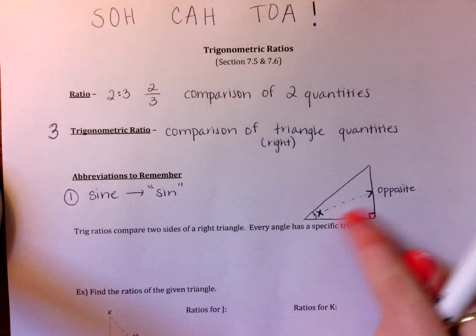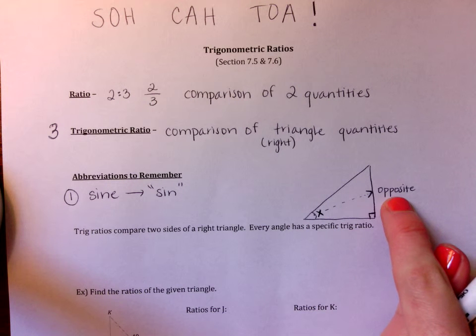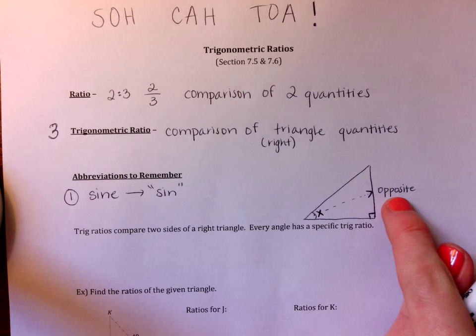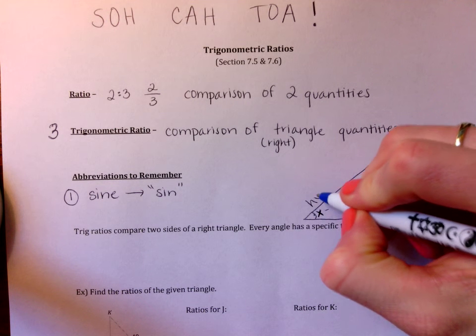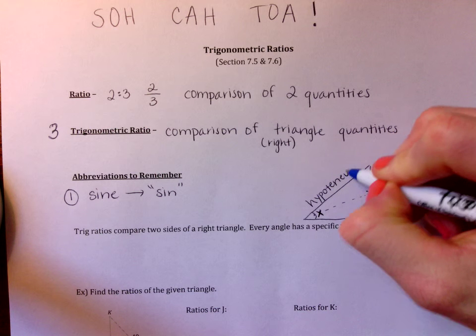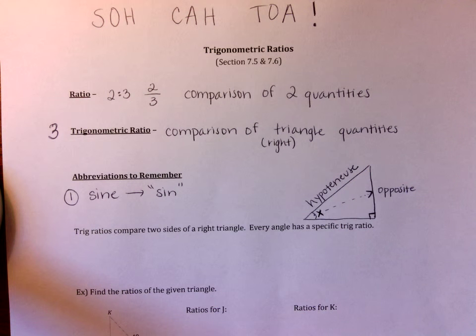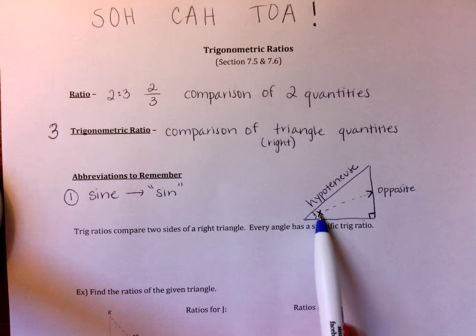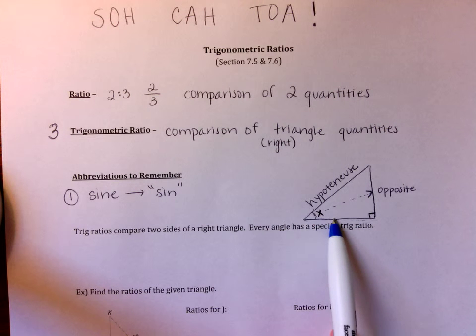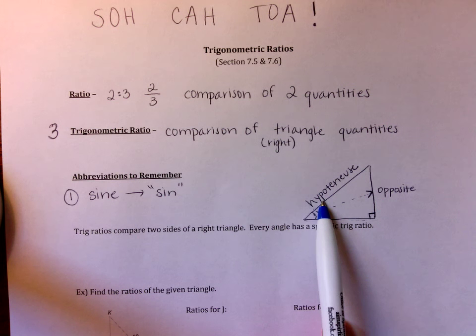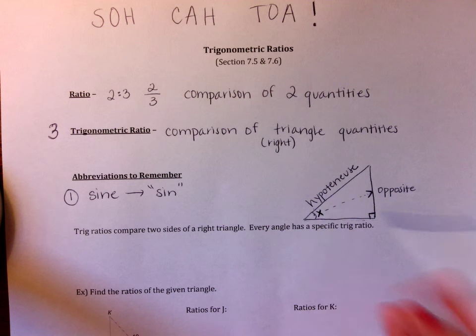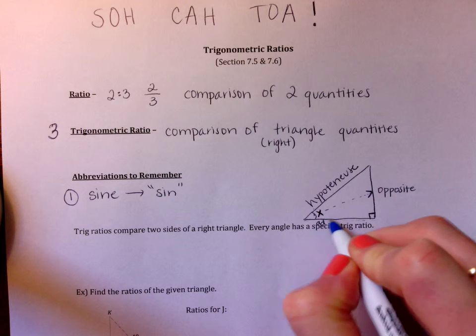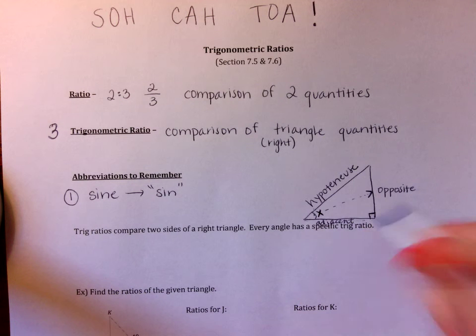Then there's the longest side of a right triangle, which you already know is called the hypotenuse. And finally, there's this side, which is not the hypotenuse, but it's not opposite. We say that it's adjacent to this angle. It's next to this angle, but it's not the hypotenuse. The hypotenuse is also next to it, but it's the longer one. That says adjacent; I couldn't fit it in very well.